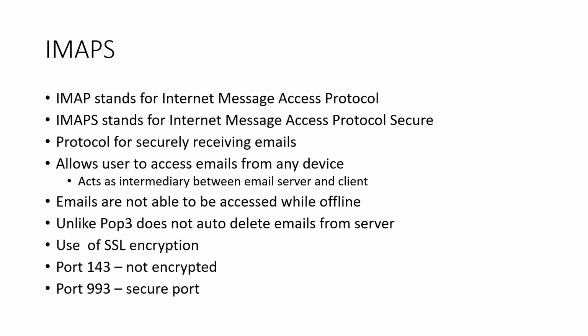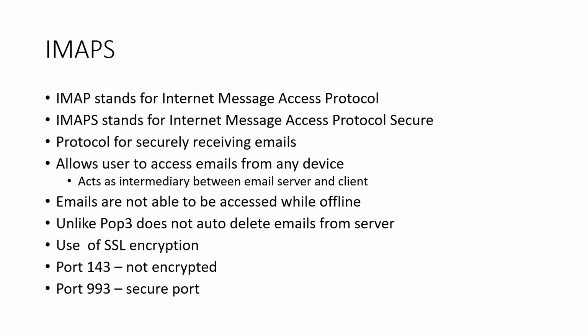So we'll start off with IMAPS. First, IMAP is Internet Message Access Protocol. That's what it stands for. IMAPS, what we're focused on today, is Internet Message Access Protocol Secure. So basically, IMAP is the unsecure version, IMAPS is the secure version.